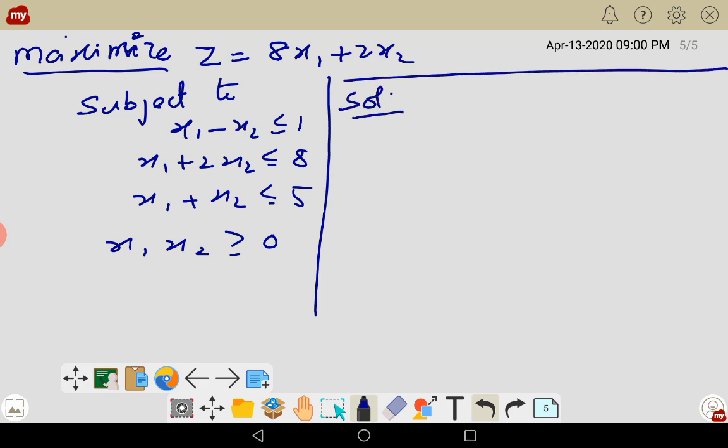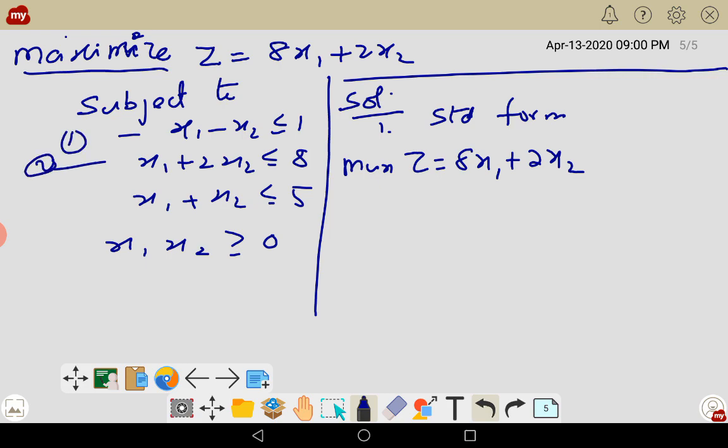The first step we need to do is writing in standard form. First step: objective function maximize z will be 8x1 plus 2x2. There are three constraints, 1, 2, 3.